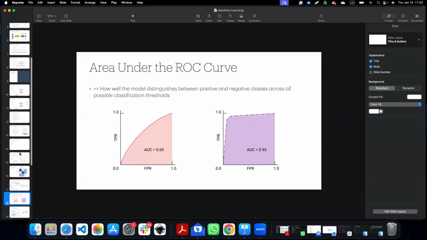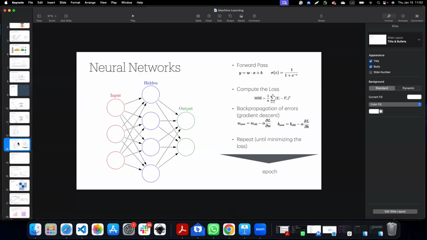Whenever you see Dense, it means that it is fully connected, because sometimes this neuron is connected to this one, but maybe it's not connected to that one, right? So when you see Dense, it means that it's fully connected.